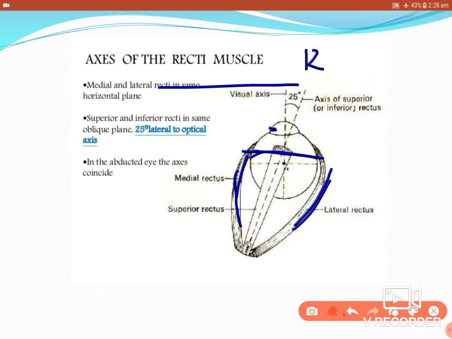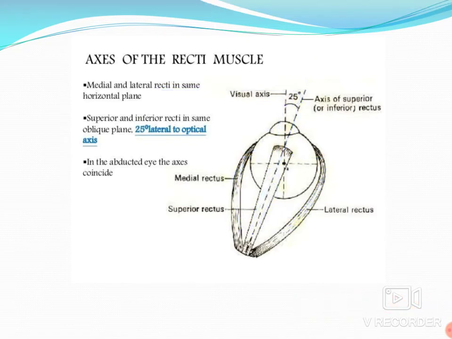The axis through the anterior and posterior poles is the optical axis. This is the superior rectus, and below it we get the inferior rectus. The superior rectus and inferior rectus lie in the same oblique plane, which makes an angle of 25 degrees with the visual axis or optical axis.